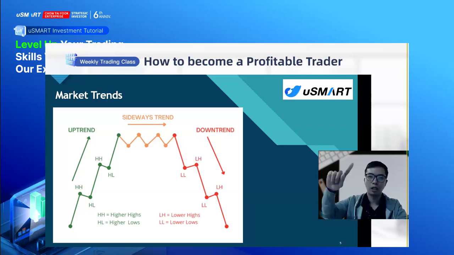It only moves like breathing: breathe out, breathe in, breathe out, breathe in. But in an uptrend, over time, the price will be slowly increasing. So we want to go long on an uptrend stock.